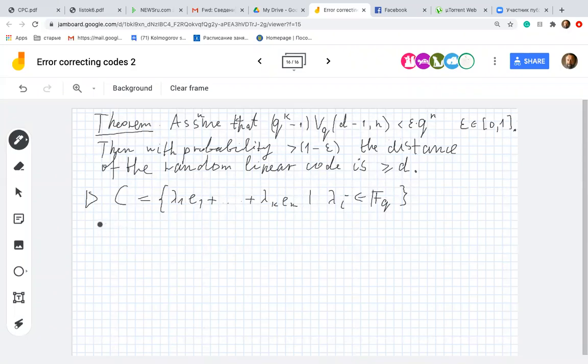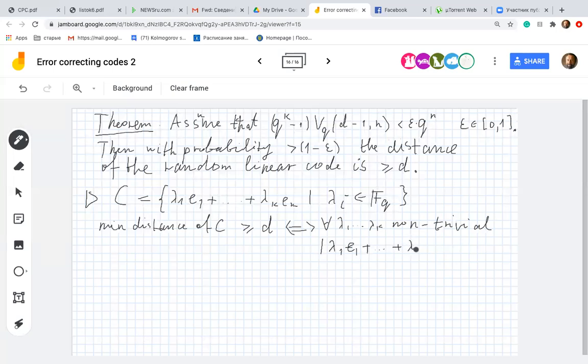That means that the minimum distance of C is at least d if and only if for all non-trivial combinations, non-trivial, that means that at least one lambda i is non-zero, the Hamming weight, that is the number of ones in the corresponding linear combination, is at least d.